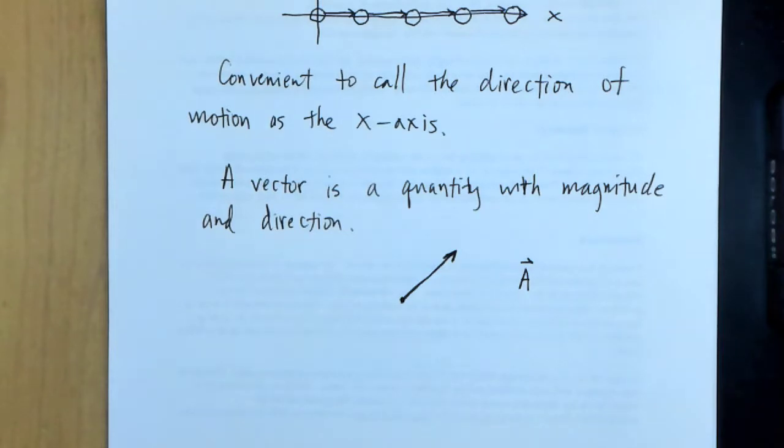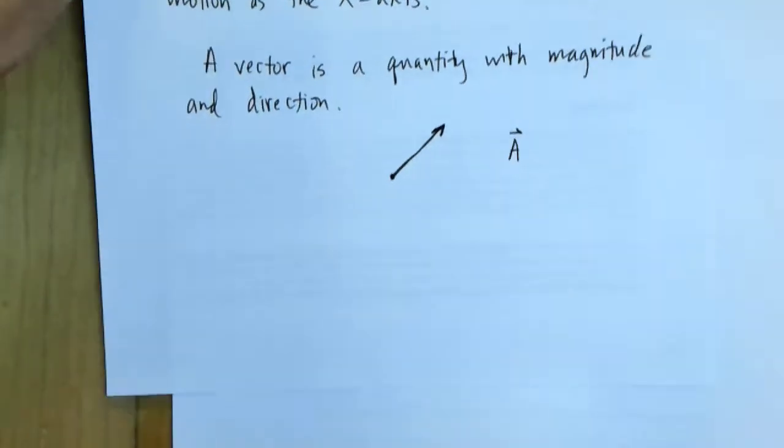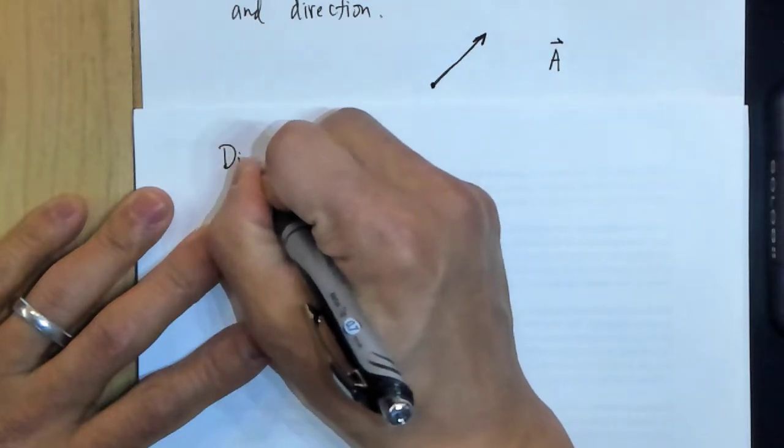Now, this arrow hat is how we write vectors, but if we're in one dimension, things get a little bit easier, because directions are rather simple in one dimension. So let's consider an example, something that's called displacement. Okay? Let's talk about displacement.